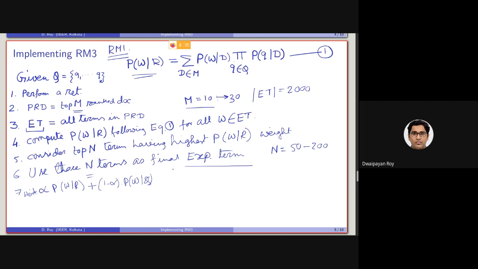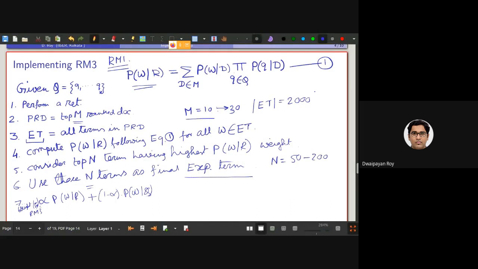RM3. So just write it here. Weight of W following RM3 is this.